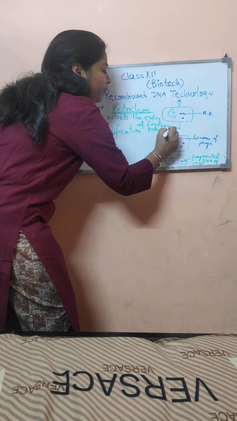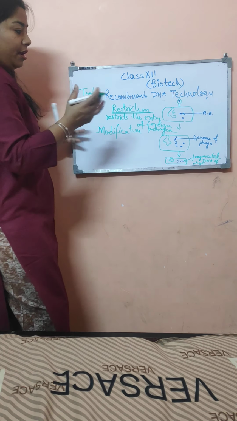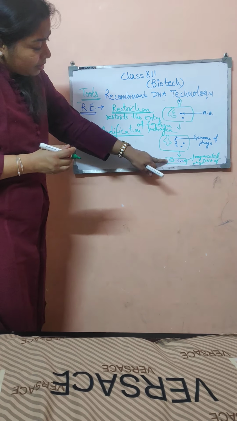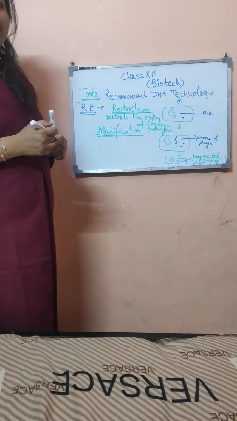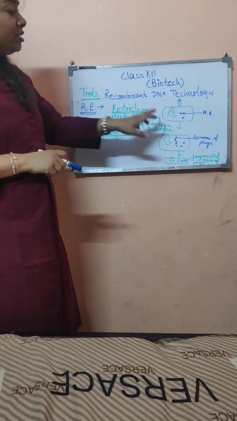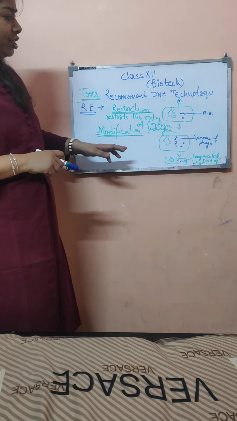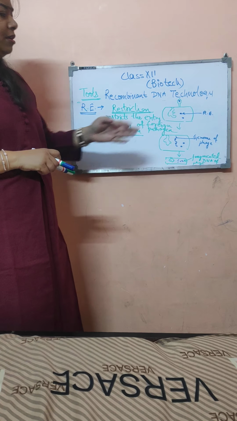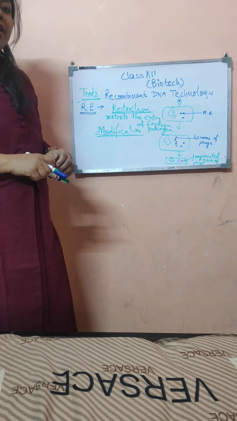So what is the difference? Now the question arises. This is also a DNA sequence, so why could this restriction endonuclease, which is very specific in its function, not recognize the sequence present in the host DNA?